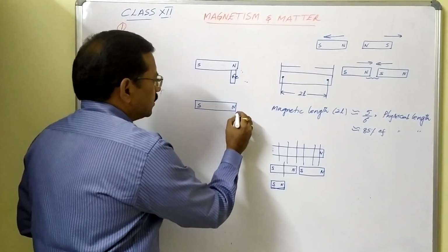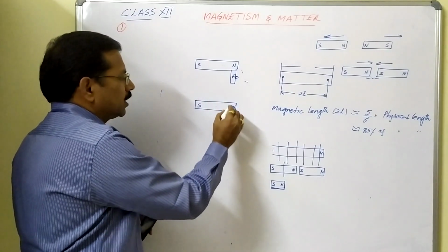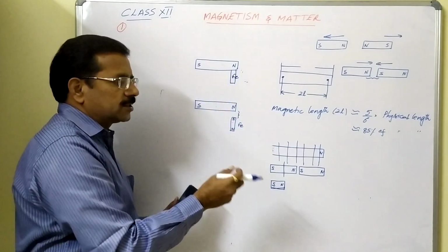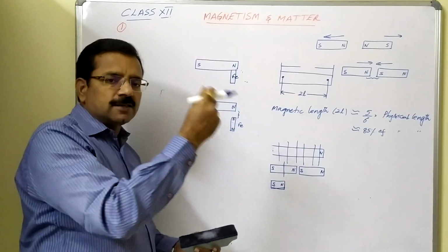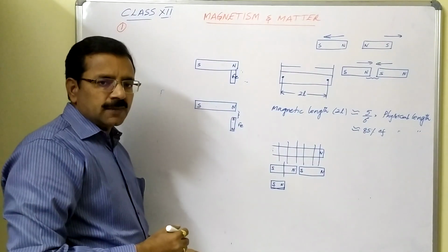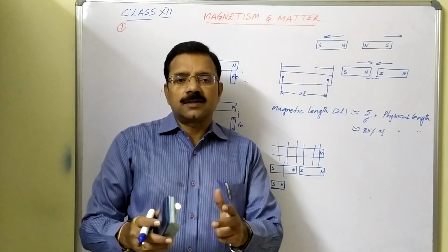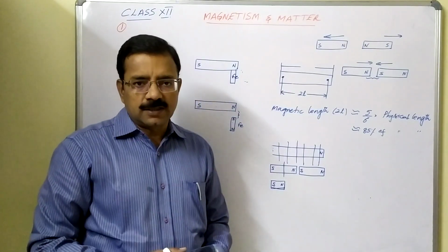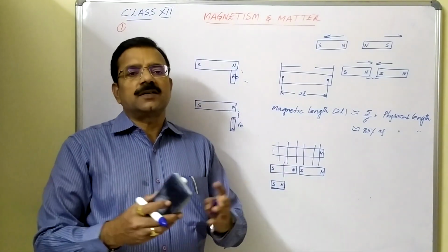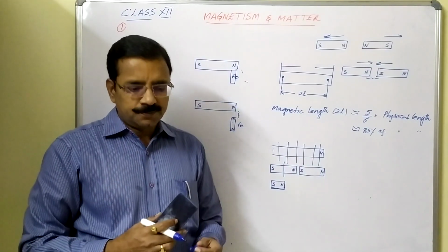So now, because these two unlike poles are nearer to each other, this piece of iron gets attracted by the magnet. It gets attached to this. This property of inducing magnetism into a magnetic material, even without any actual contact, is known as magnetic induction.